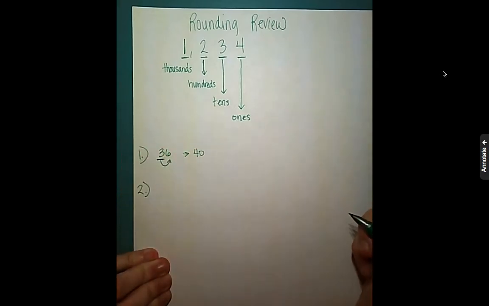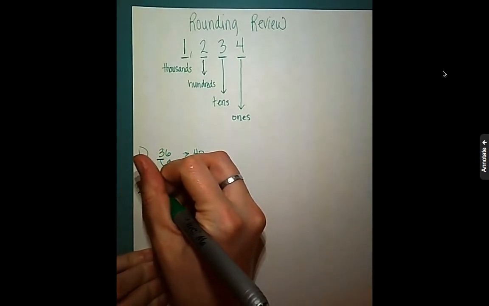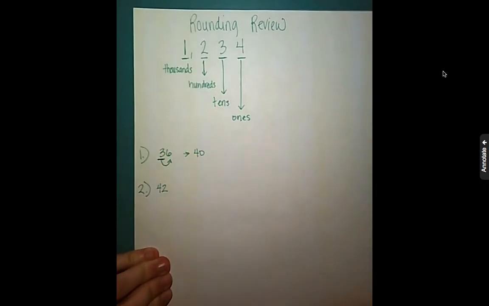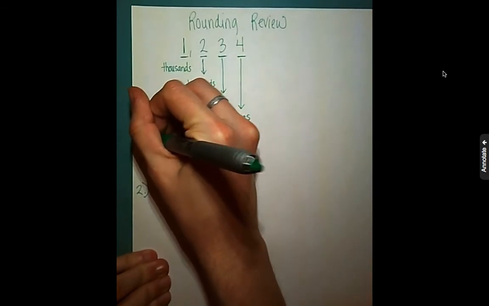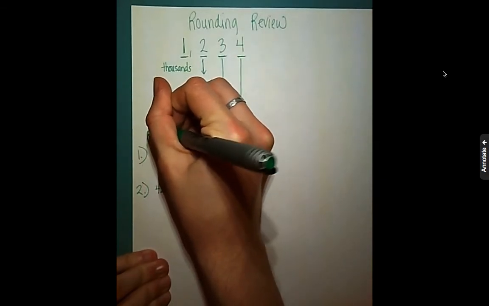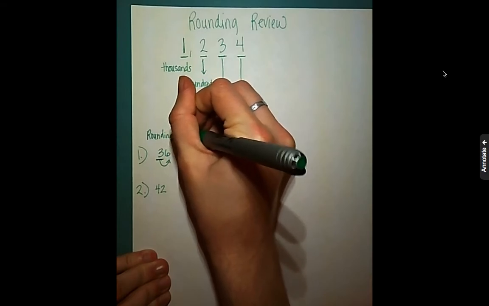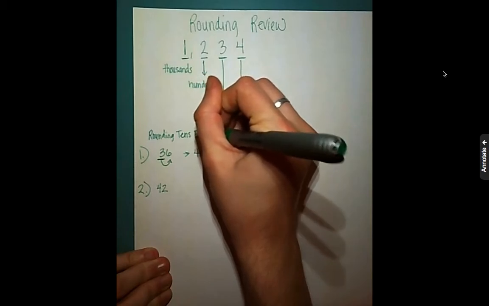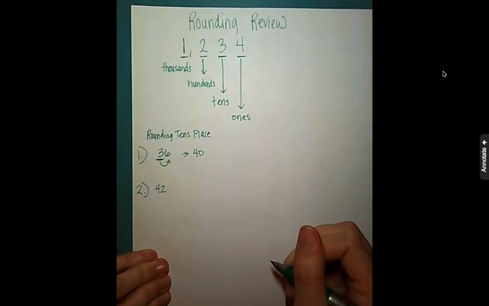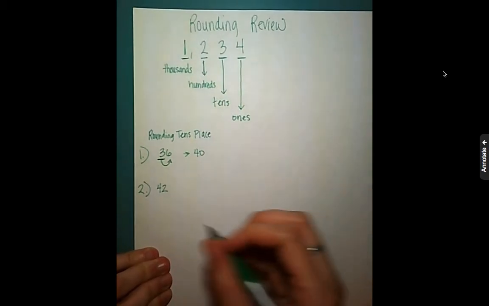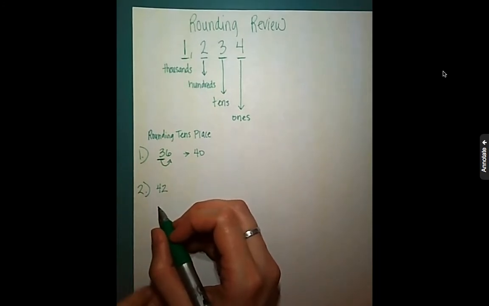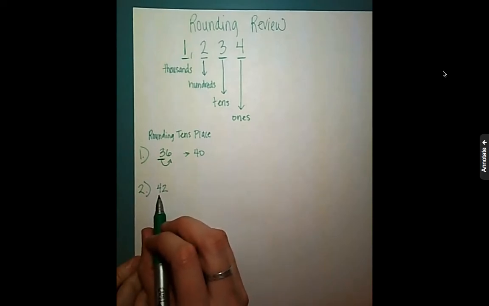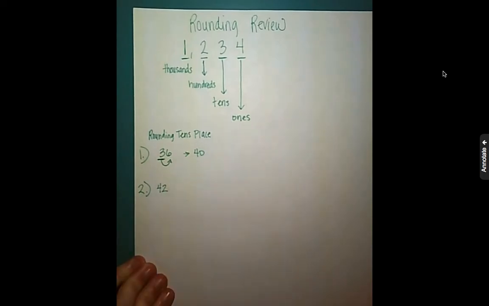The second example, I'm going to write 42. I'm going to do the same thing, and I'm going to label this rounding tens place. So for 42 here, I'm going to look, my tens place is that 4, just like in our example up here.